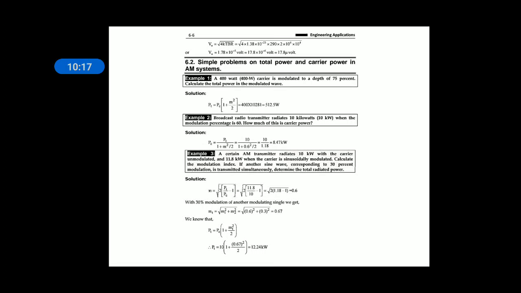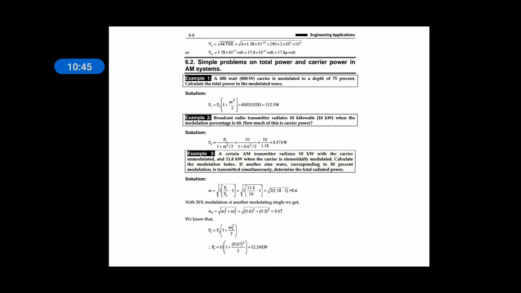The given data is carrier power and M. The carrier power is 400 and M they provided in percentage, that is 75%, and when you convert into number it becomes 0.75. PT is equal to PC into 1 plus M square by 2, where M equal to 0.75 and PC equal to 400, and the result is 512.5 watts.